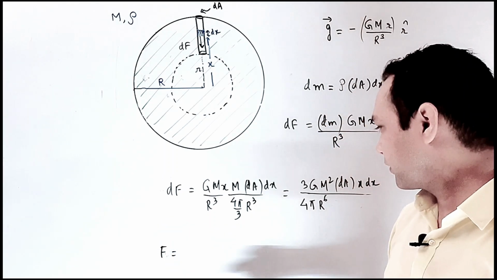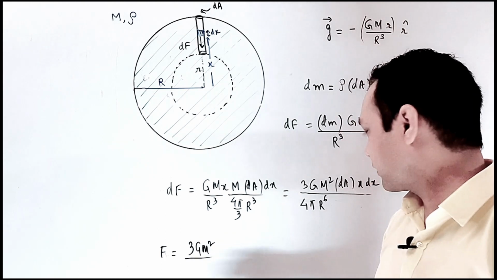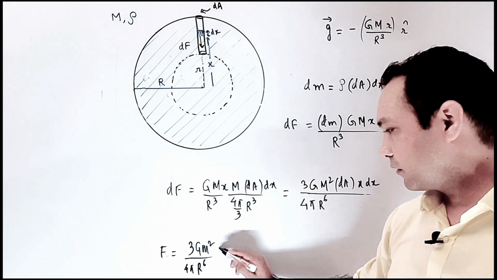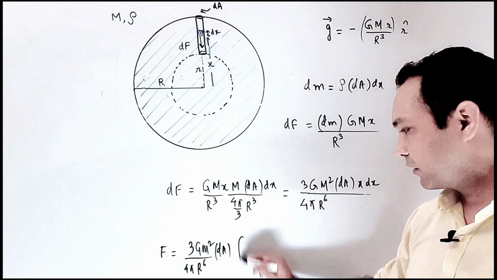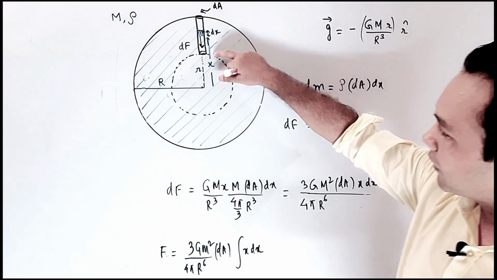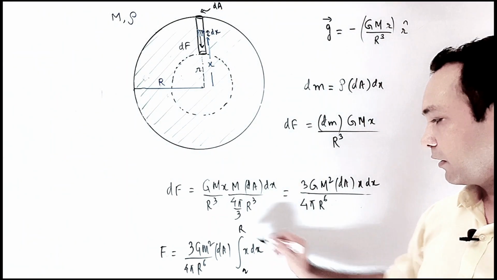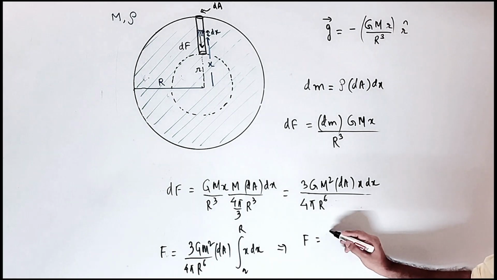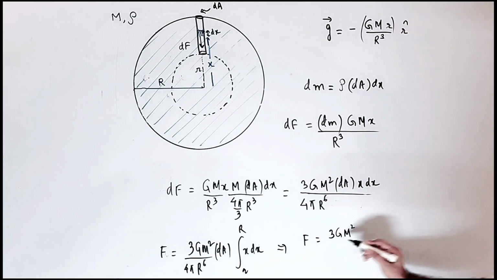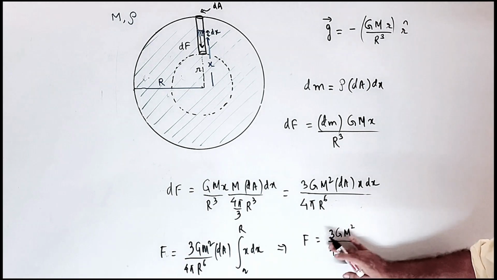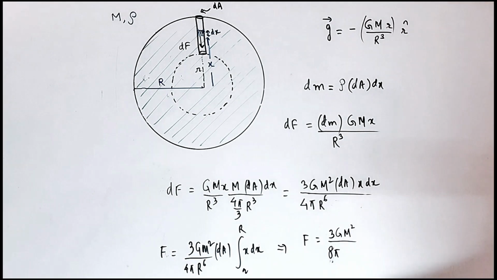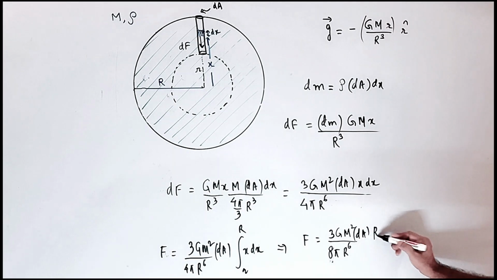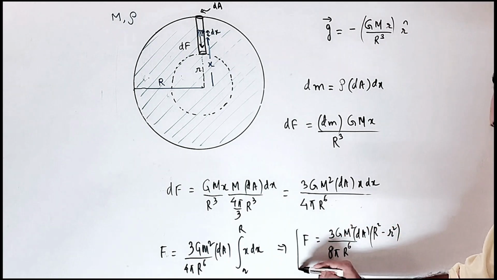The integration will give me 3Gm² divided by 4π r⁶, dA is the same everywhere, times x dx, and that integration will go from small r to capital R. So from small r to capital R, we finally get the value of F. This will be x² by 2, and if I put the limits, I will finally get 3Gm² divided by 4π, that becomes 8π r⁶, times dA, multiplied by R² minus small r². So this is the force there.